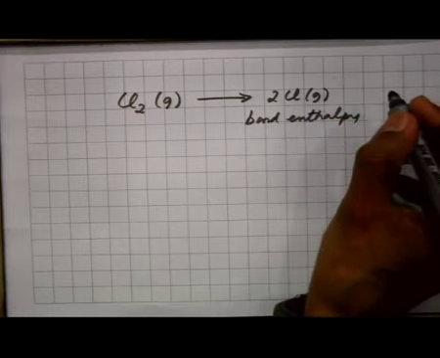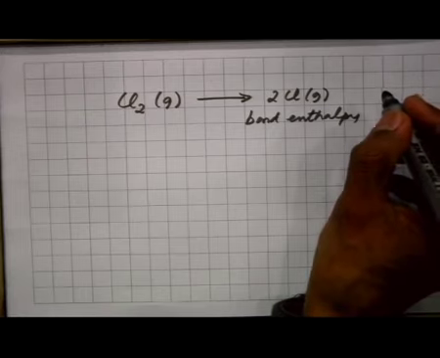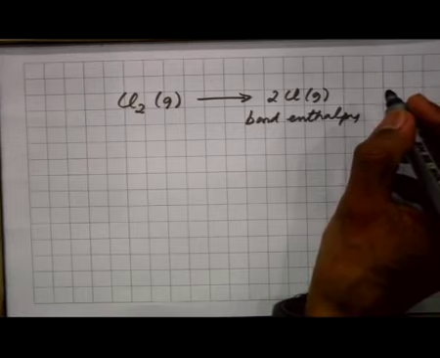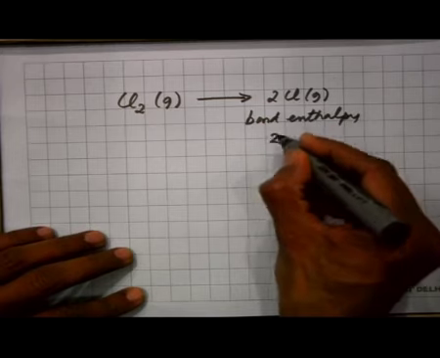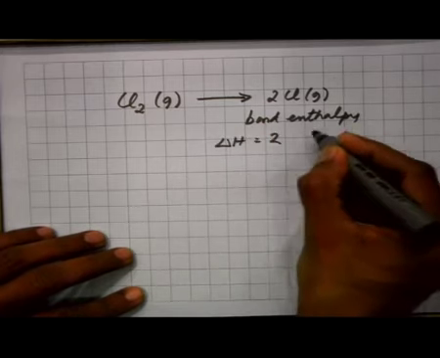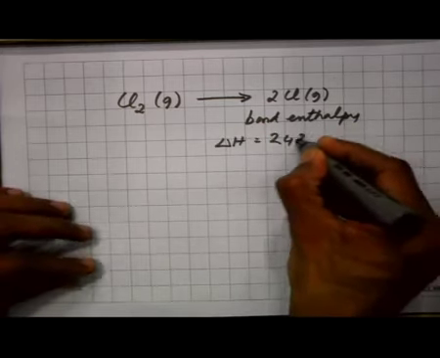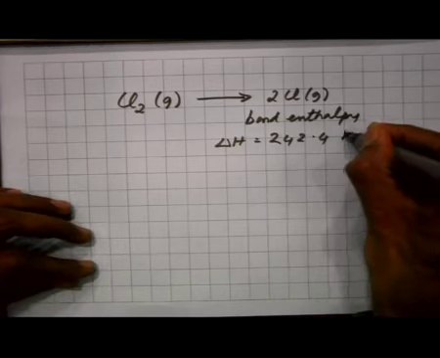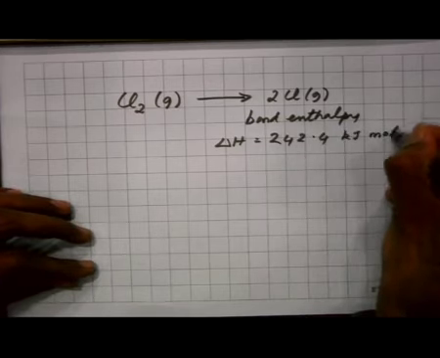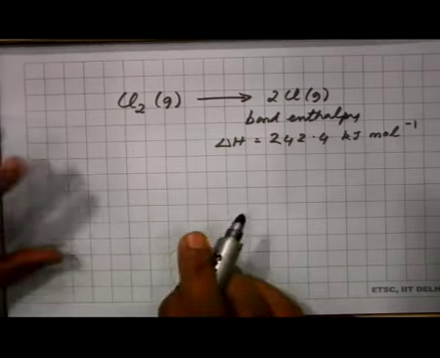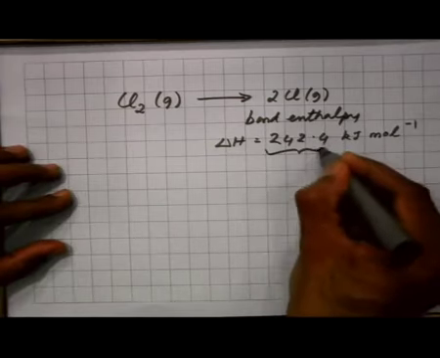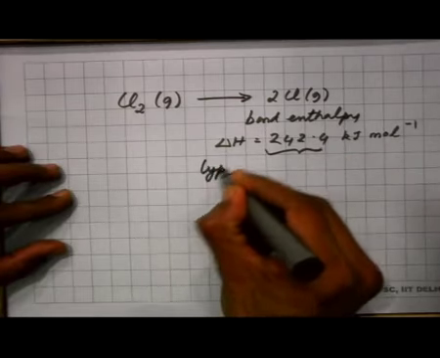And this bond enthalpy for Cl2 happens to be 242.4 kilojoules per mole. So, this is the typical covalent bond energy.